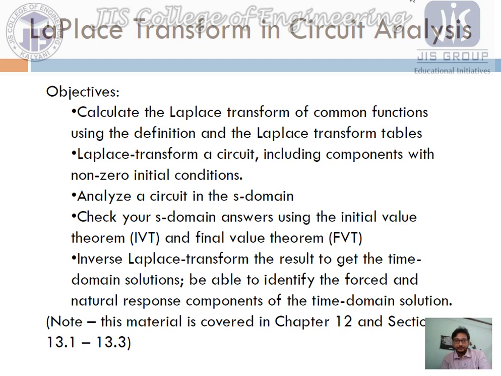The S domain is very essential to solve circuits easily, whether the differential equation is first order or second order. In this chapter we will find Laplace transformations, solve problems using them, and also check whether the answer is right or wrong using the initial value theorem and the final value theorem.